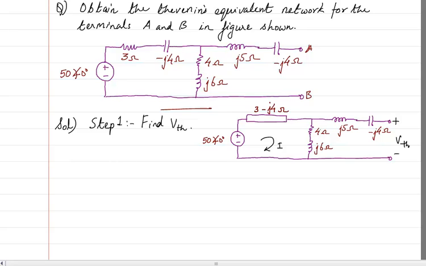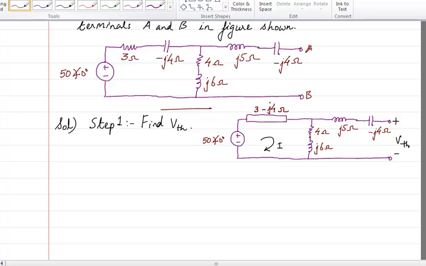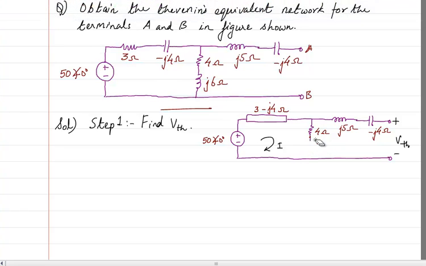Now similarly, the 4 ohms and J6 ohms, the inductor, are also in series. Why? Because their two terminals are touching each other and there is no third terminal from there. So both of them are in series. So I will write them also as a single value.